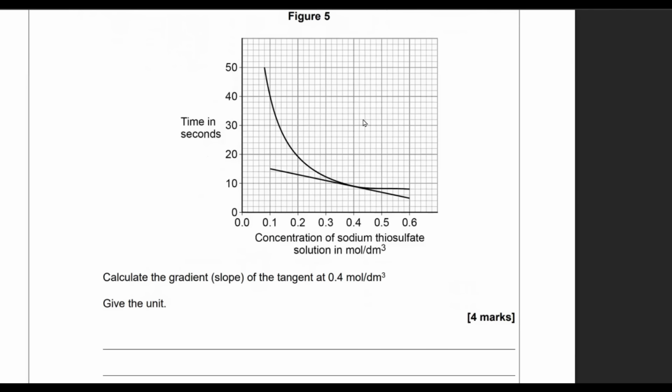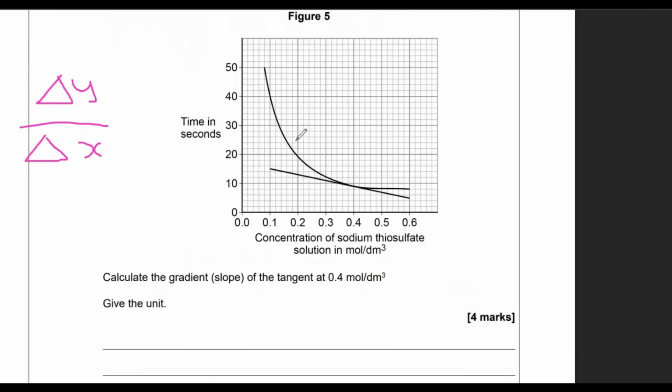Right, let's zoom in a bit closer. So we need to work out the gradient. You can pick anywhere along this, draw a little triangle, and then you just want to divide. To find the gradient, you want the change in y over the change in x.